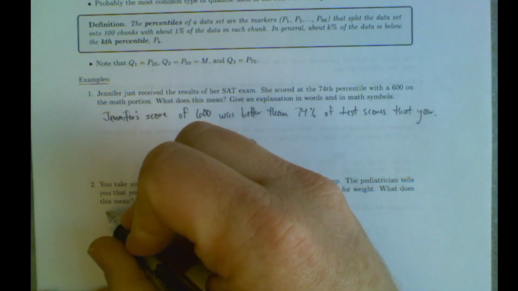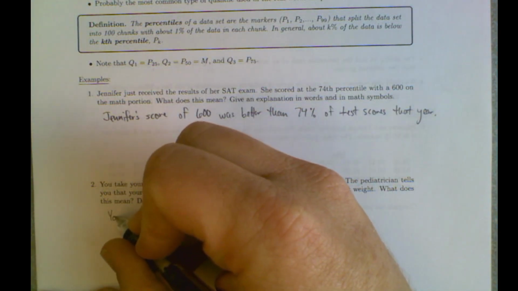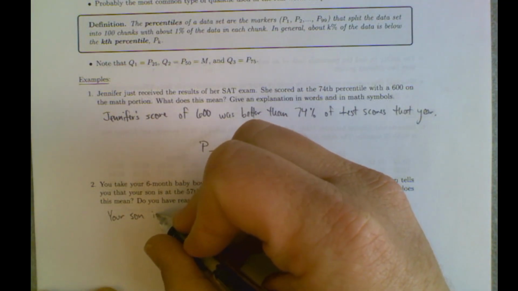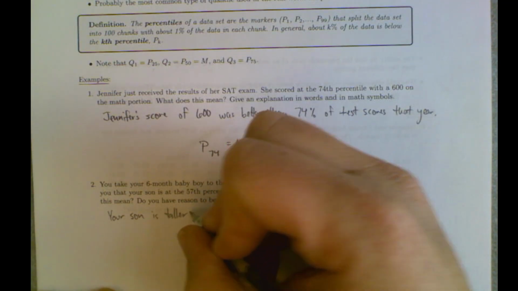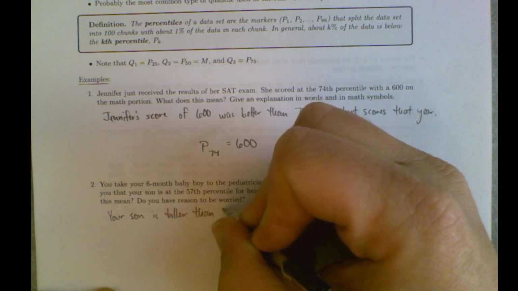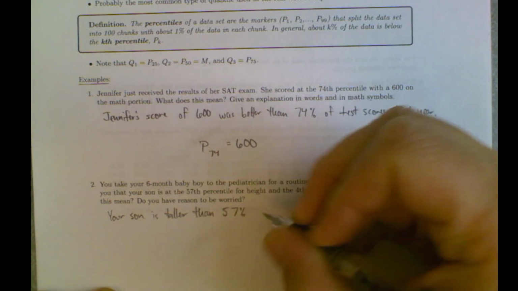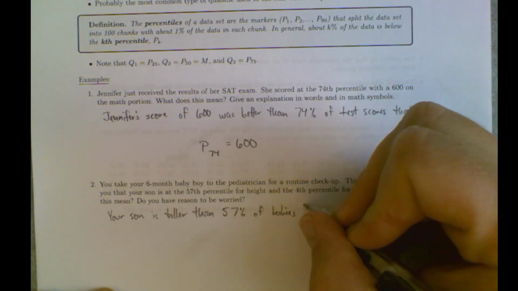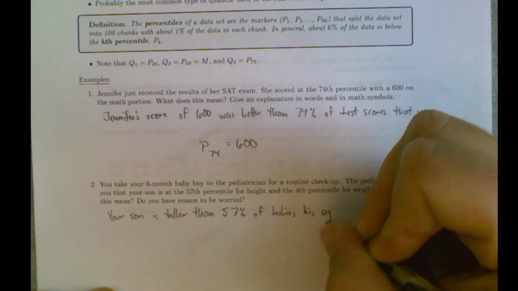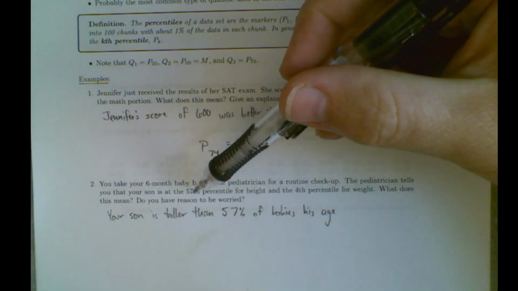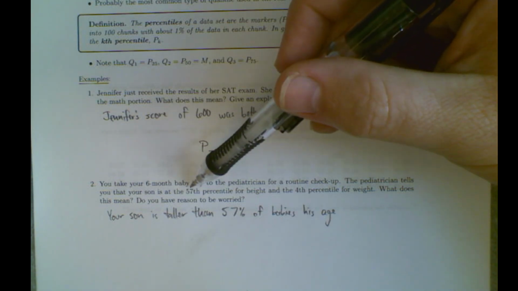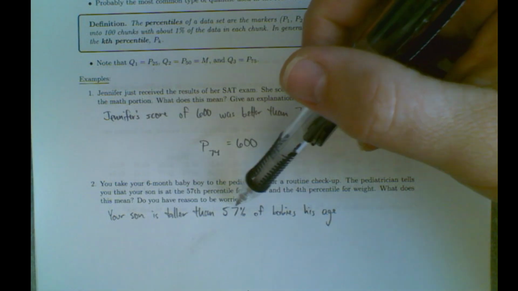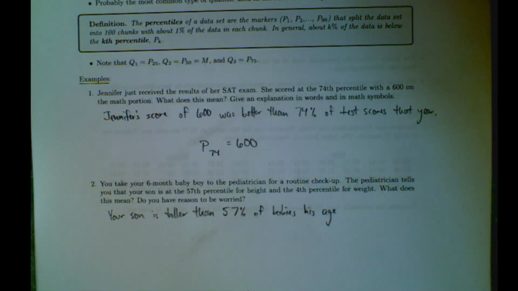So your son is taller than 57% of babies his age. Note that that also means that he's shorter than 43% of babies his age. But that's pretty average. That's almost right smack dab in the middle of the pack.